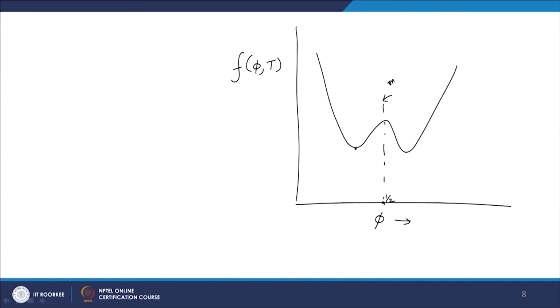So, we have a mirror symmetry, because if I simply replace phi by 1 minus phi, I get the same result. So, it must be symmetric with respect to phi equal to 1 by 2.